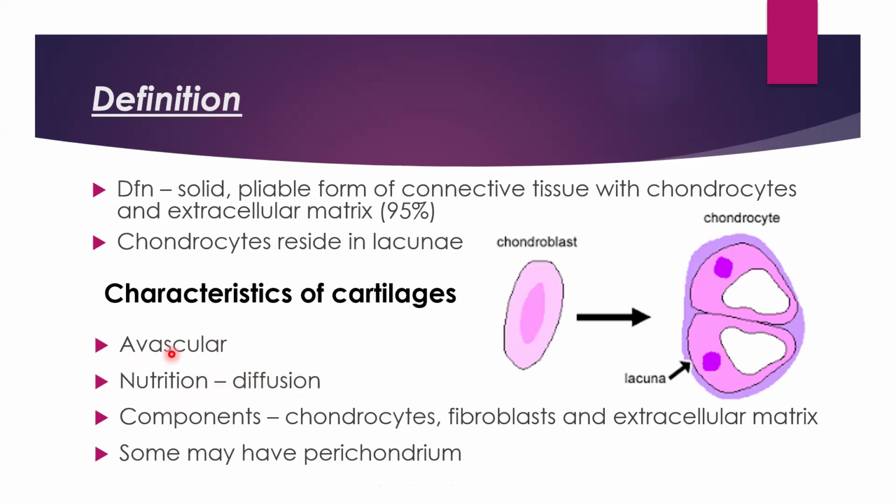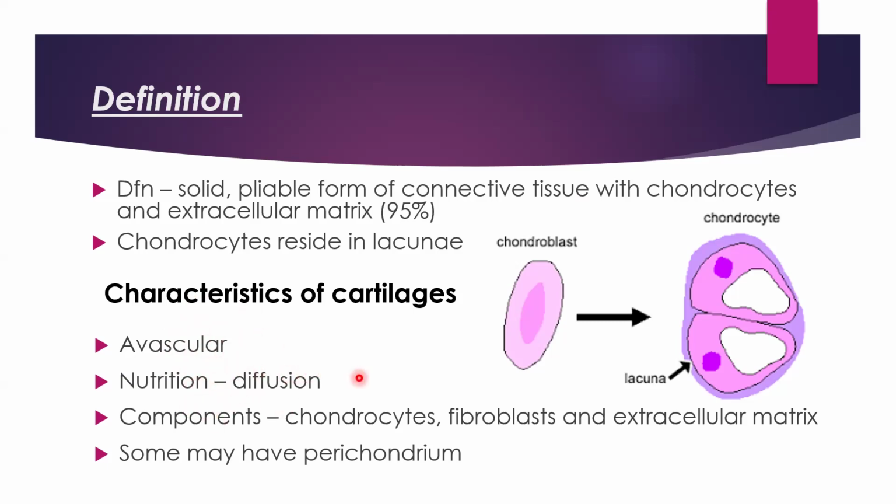Also, they will receive nutrition from very small blood vessels that are found on the perichondria, on the surrounding environment of the cartilages. So remember, the surrounding environment has some blood vessels. Those small blood vessels provide nutrients, provide oxygen, and also remove waste and carbon dioxide.